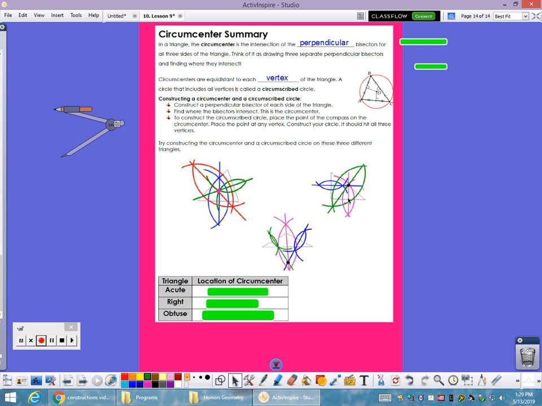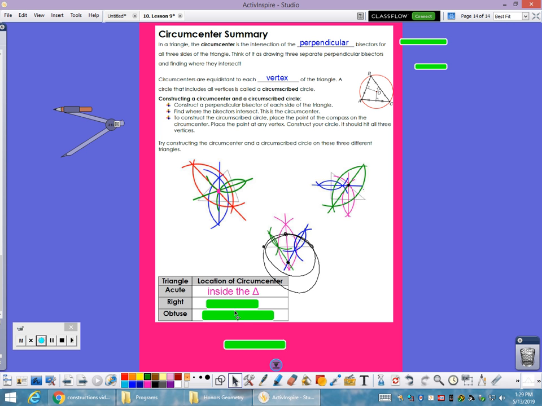When we had a right triangle, the circumcenter ended up on the hypotenuse, and when it was an obtuse triangle, one of the angles was larger than 90 degrees, that circumcenter actually ended outside, right? Because if I wanted a circle that goes through all three vertices, that center needs to be way down there.